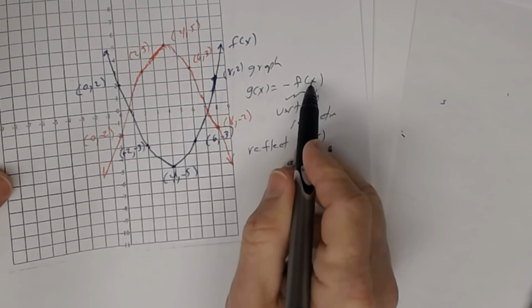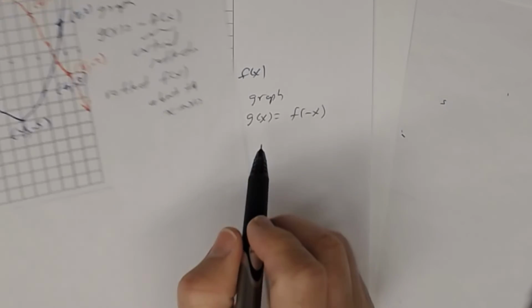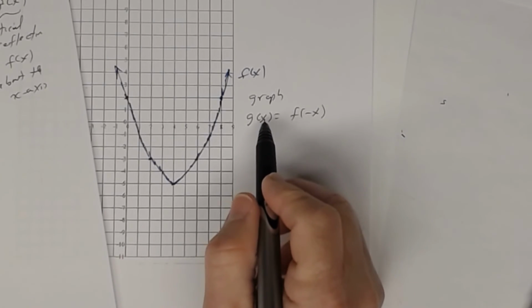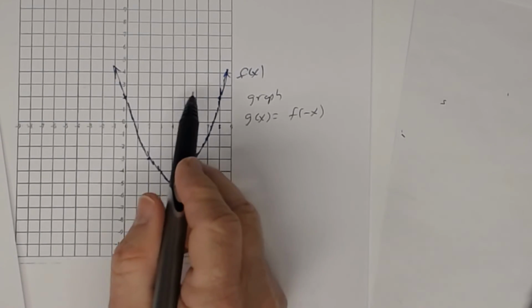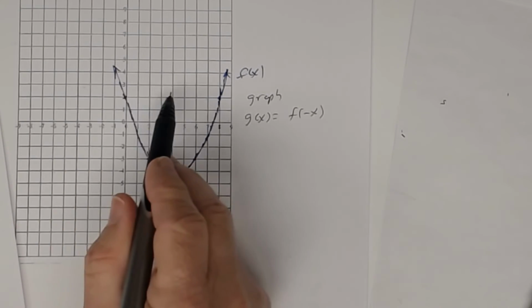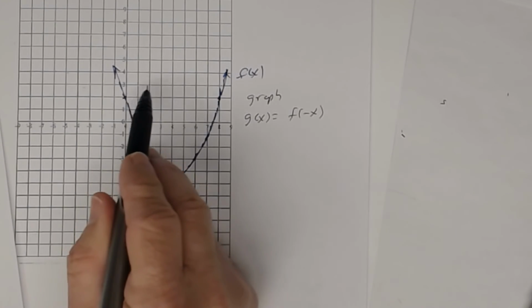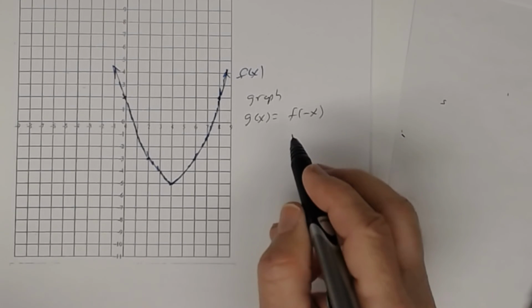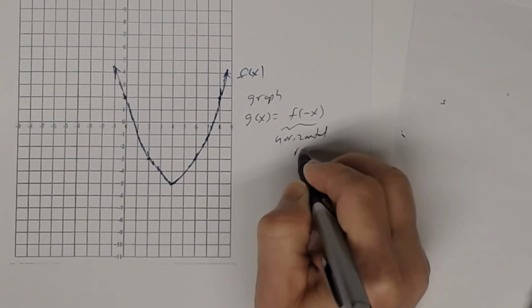It's the y. So this becomes the opposite of y. Notice this one, the x's are opposites. X, negative x. So whenever x's are opposites, you think a horizontal reflection about the y-axis. Okay, so this is going to be a horizontal reflection.